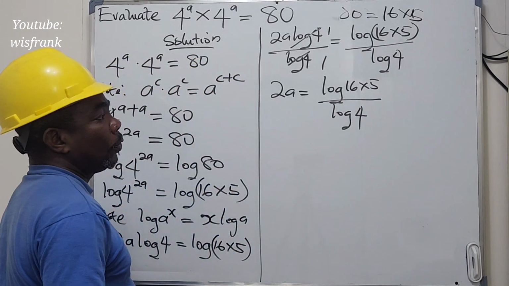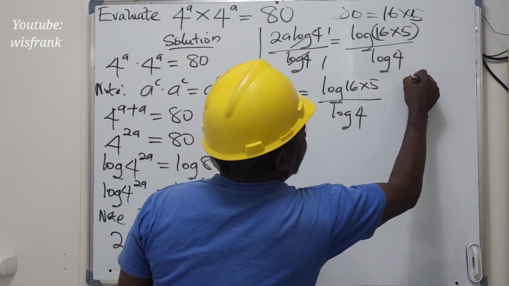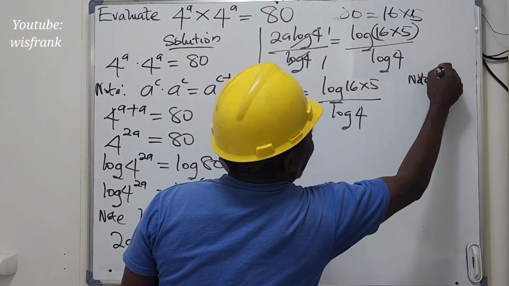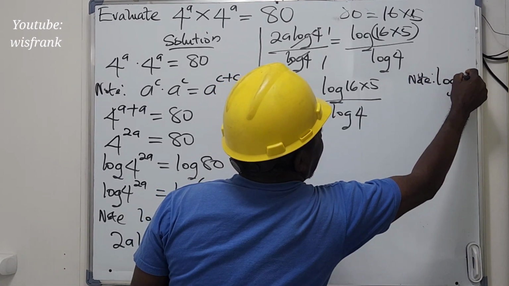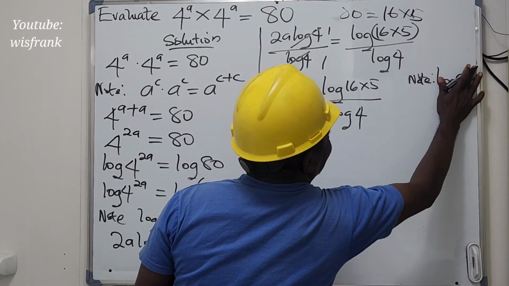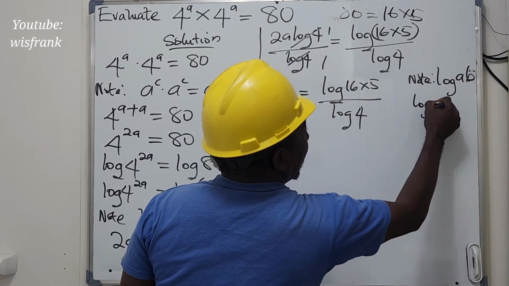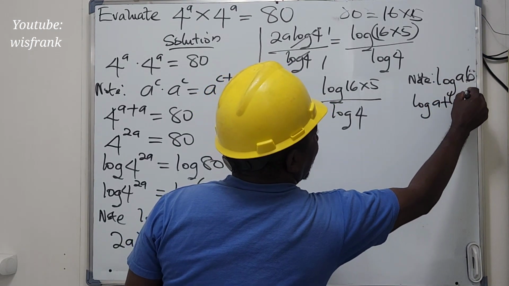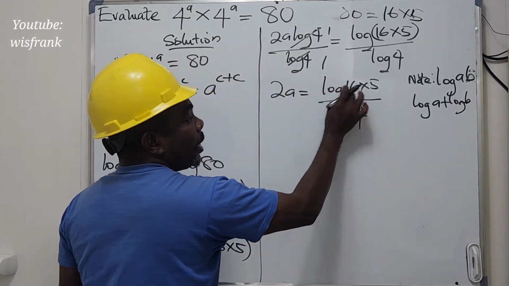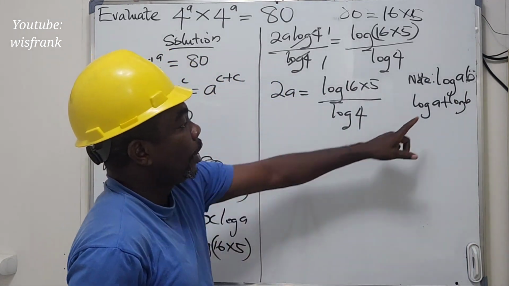We also recall that when we have log a times b, or log ab, it is the same thing as log a plus log b. We are going to represent the numerator in this format.